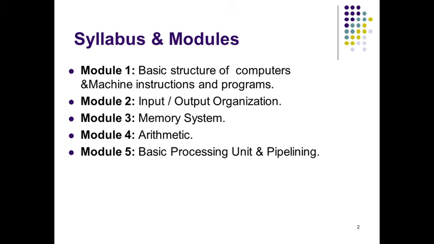In this module, you are going to understand the basic operational concepts, bus structure, performance, processor clock, basic performance equation, clock rate, performance measurement, and the next part of this module is on machine instructions and programs, where we'll study about memory location and addresses, memory operations, instructions and instruction sequencing, addressing modes, assembly language, basic input and output operations, stacks and queues, subroutines, additional instructions, and the encoding of machine instructions.